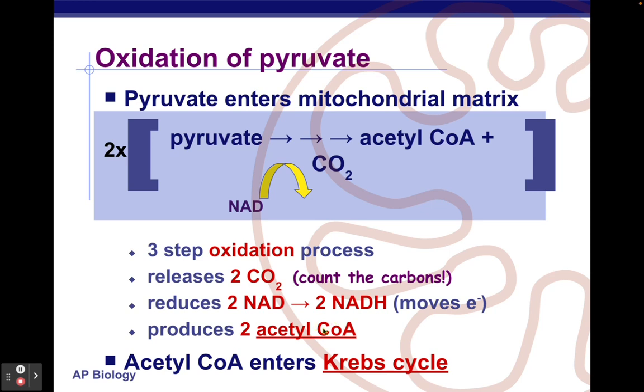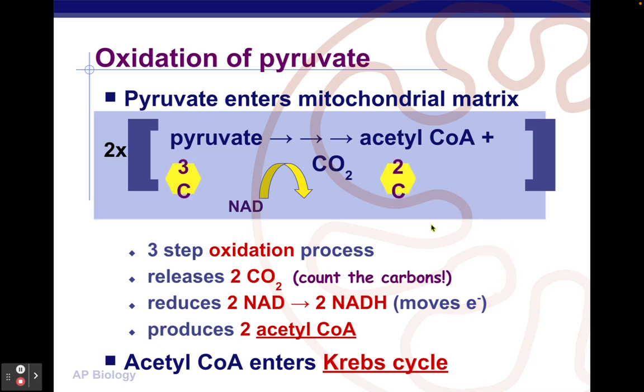CO2 is fully oxidized, and because the body doesn't need it anymore, we get rid of it. CH4 is a fully reduced carbon and it's full of hydrogen, so it's a good fuel. We're going to talk a little bit more about that. We have acetyl-CoA entering the Krebs cycle now.